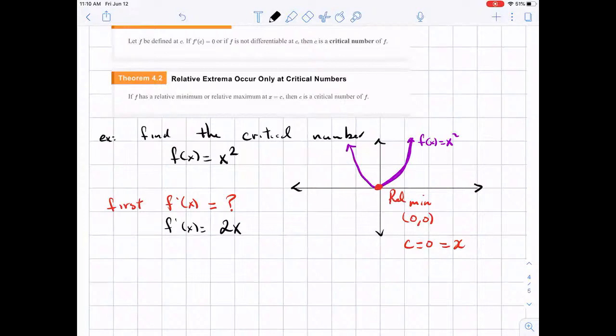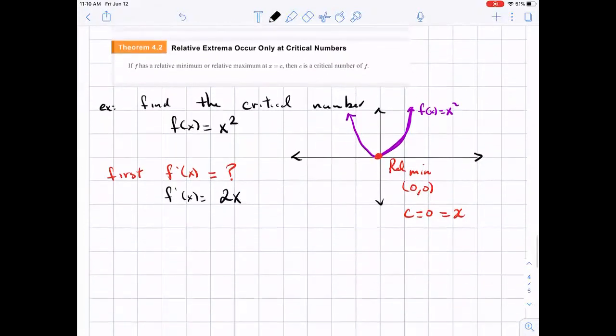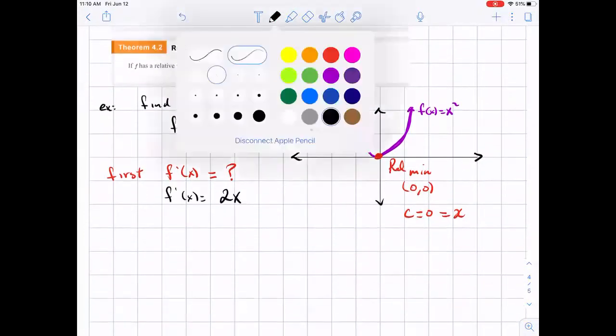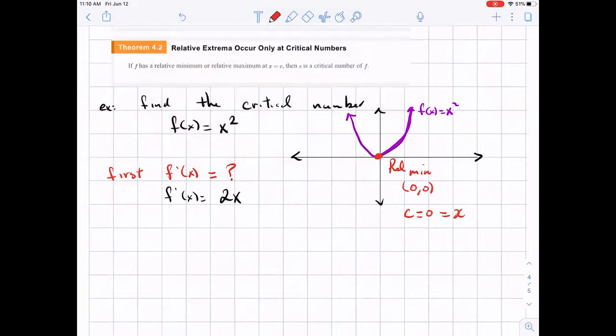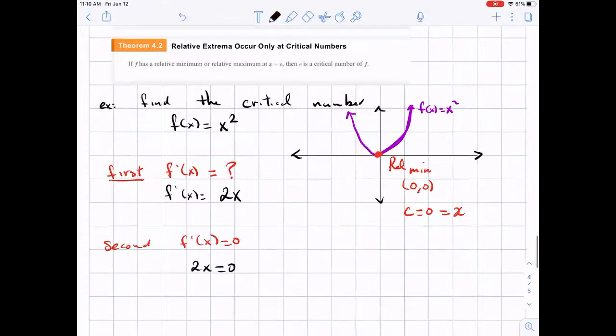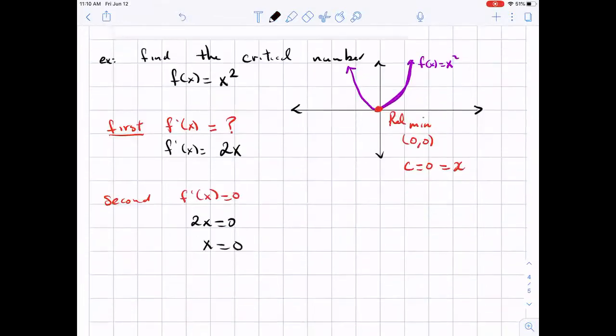Then we want to take f prime and set it equal to 0. So second, set f prime of x equal to 0. So we have 2x is equal to 0, therefore x is equal to 0.